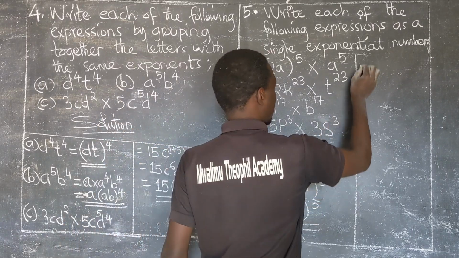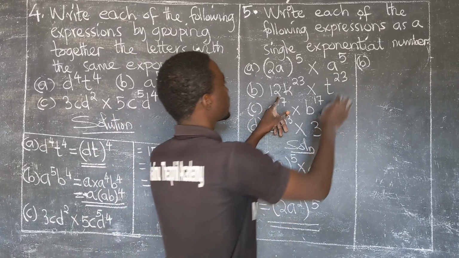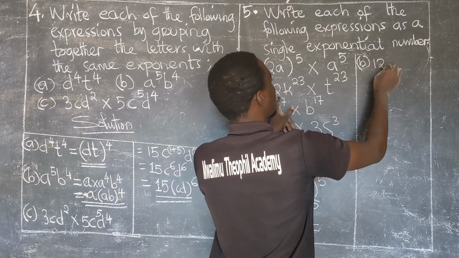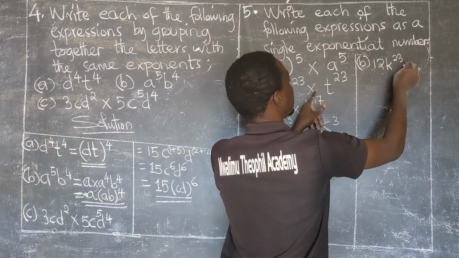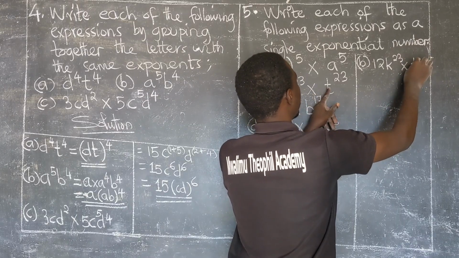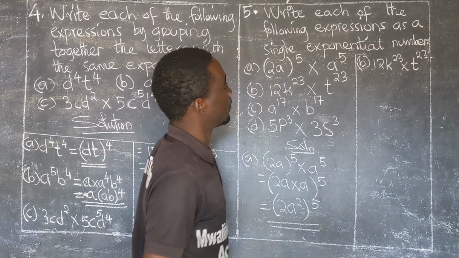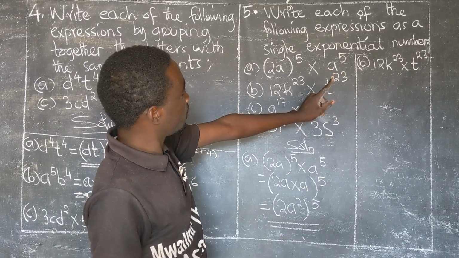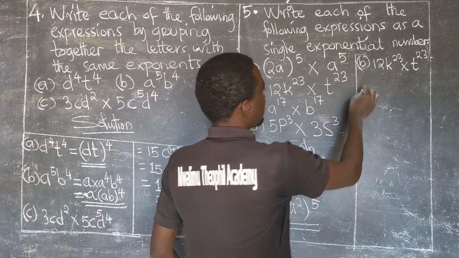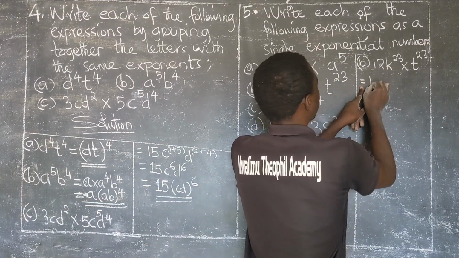Let's see part B. In B we are given 12k raised to 23 times t raised to exponent 23, the same. Here, to express this as a single exponential number, it will be equal to 12.